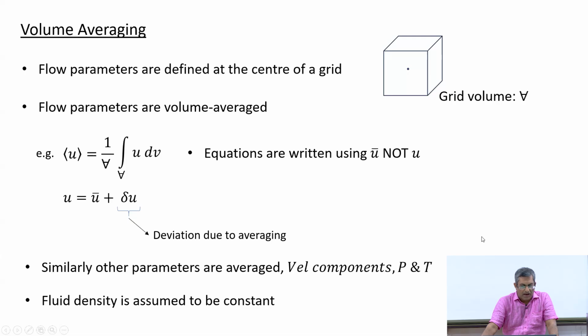Now, similarly, we have to average other parameters, for example, all velocity components, pressure, temperature. But if we can assume fluid density to be constant, if we are considering flows with, let's say, very low particle loading ratio, let's say dilute flows, then that simplifies the analysis or the governing equations further.